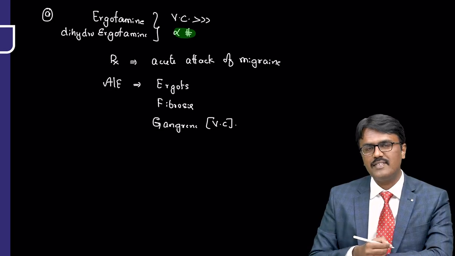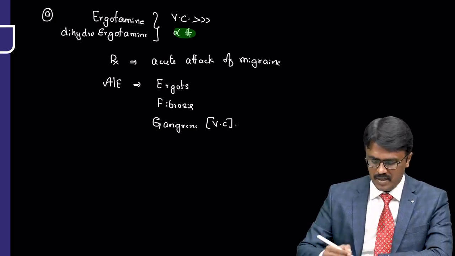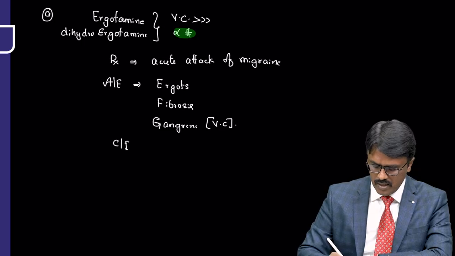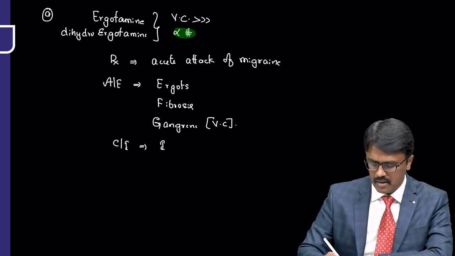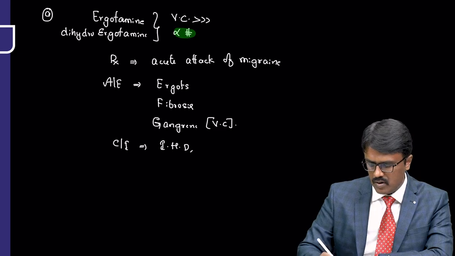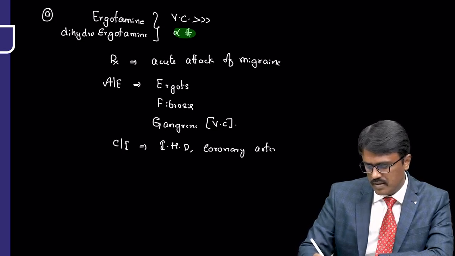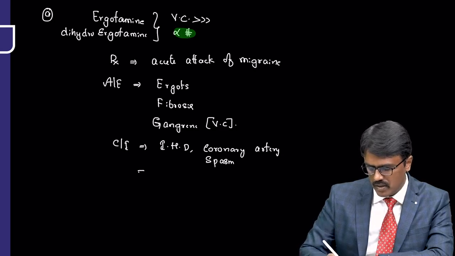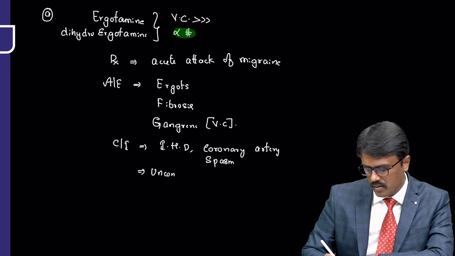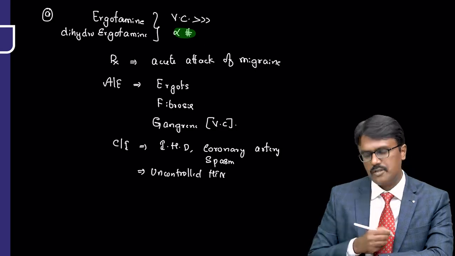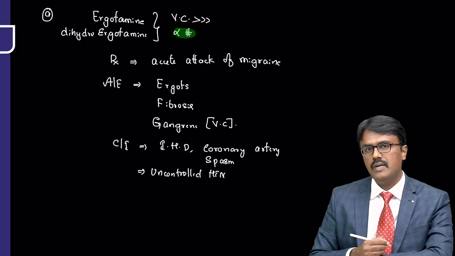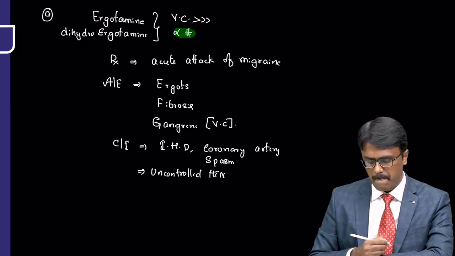Similar to triptans, they are contraindicated in ischemic heart disease, coronary artery spasm, or uncontrolled hypertension. In these conditions we don't want to use them because the patient may have severe vasoconstriction.